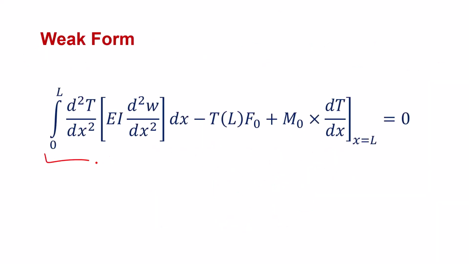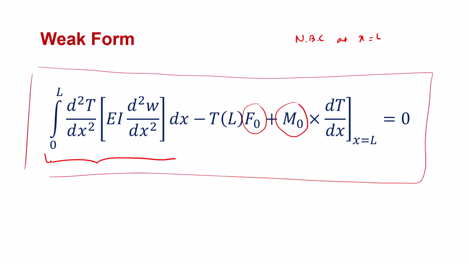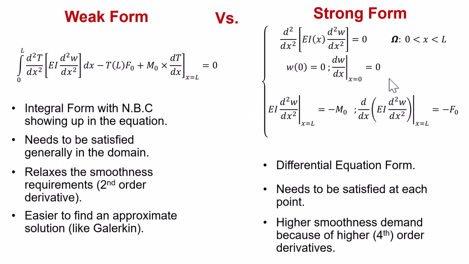So we will have this integral here and also these terms here, and the important thing is that the natural boundary conditions, or NBCs, at x equal to L are shown up here, and that is very important. So this would be our final weak form, which is an integral equation. We reached from a differential equation form to an integral equation, and that is the weak form of the beam equation.